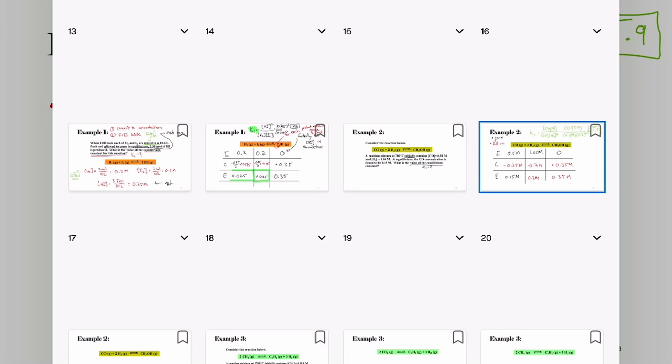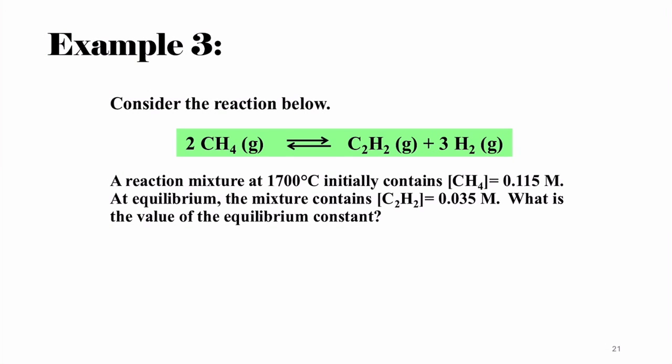So good question. That's where those change values come from. These are really just our conversion factors from moles of reactants to other moles of reactants or to moles of products. All right, any other questions on that one? Okay. All right, so here's another one.